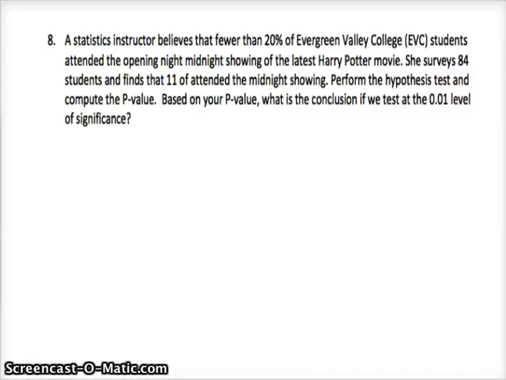A statistics instructor believes that fewer than 20% of Evergreen Valley College students attended the opening night midnight showing of the latest Harry Potter movie. She surveys 84 students and finds that 11 attended the midnight showing. Perform the hypothesis test and compute the p-value. Based on your p-value, what is the conclusion if we test at the 0.01 level of significance?